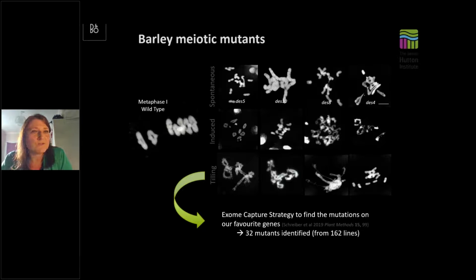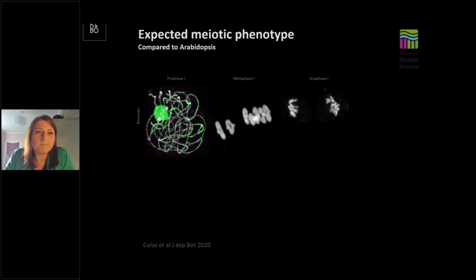It's quite nice because we could pool by areas of 8 by 8 and clean up the results to identify the point mutations. So we've identified 32 mutants so far, from the start of 162 lines from one population. And we are currently trying to understand what is going on in those lines, including the validation of the mutations.